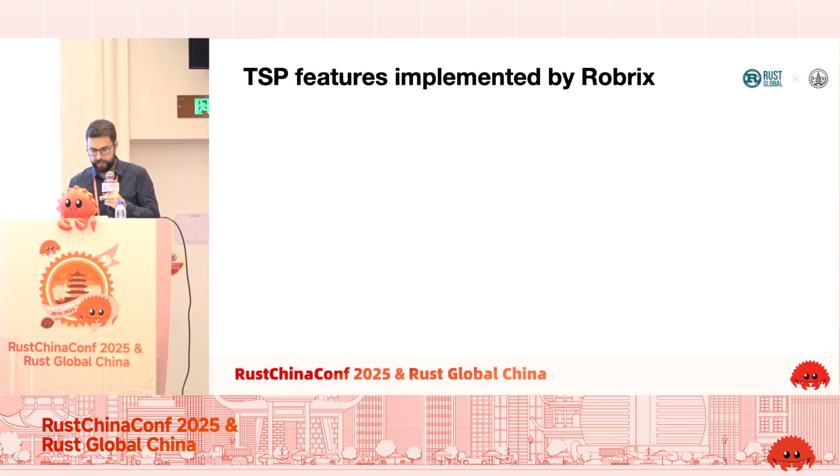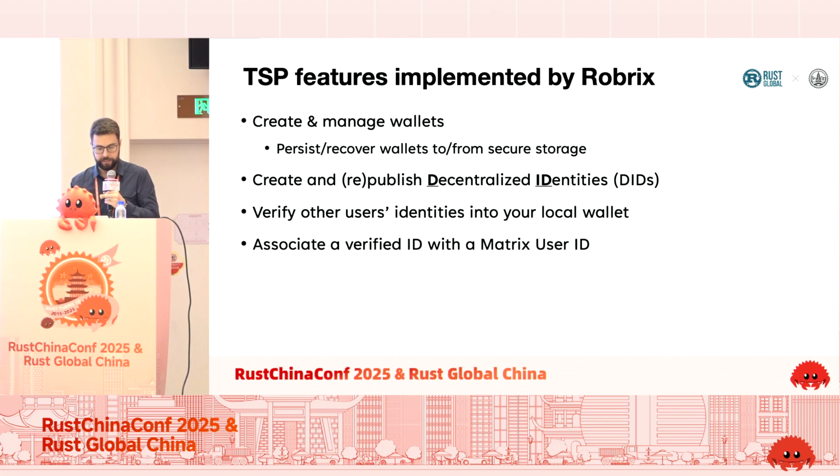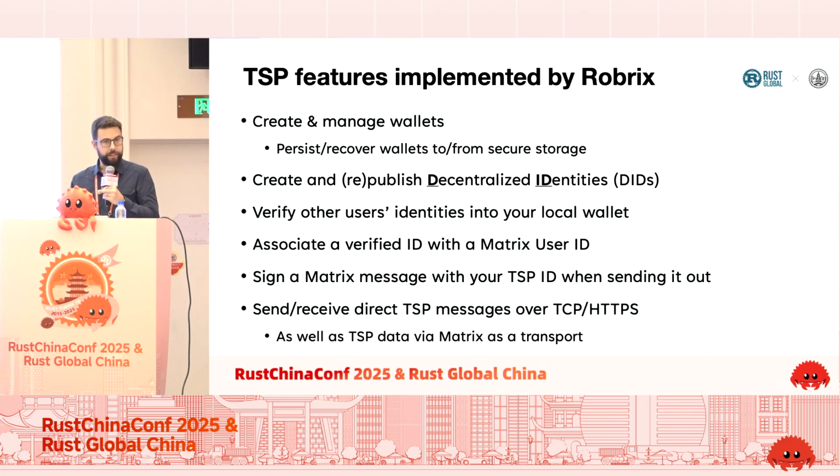So what are the features that Robrix has implemented for TSP so far? We are able to create and manage wallets. We're able to create an identity. We're able to verify other identities and store that verified identity into your local wallet. We're able to associate that verified identity in your local wallet with a Matrix user ID. And I'll show you some demos of this.